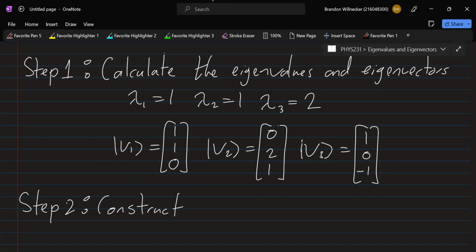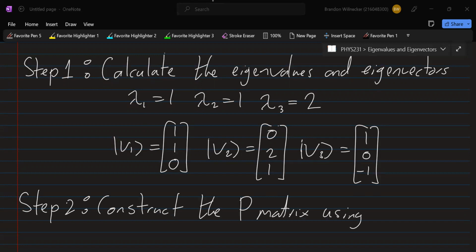Once we have that, we have step 2: construct the P matrix using the eigenvectors as the columns.